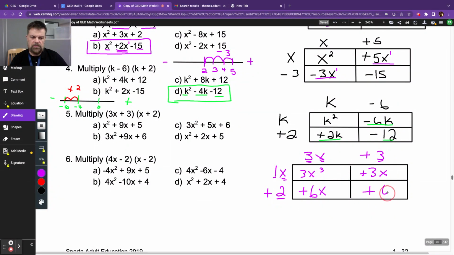Positive 6. Again, we need to combine like terms. What's plus 6 plus 3? 9. So there's 2 9s here, but it's probably this one. Why? Because it has the 3x and the 6 and the plus 6.